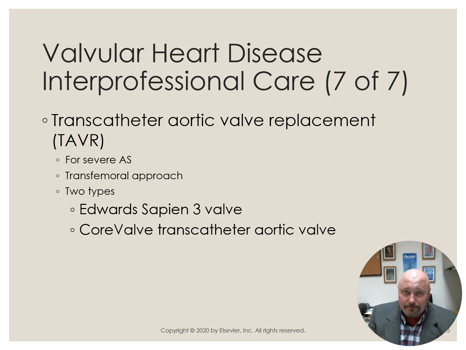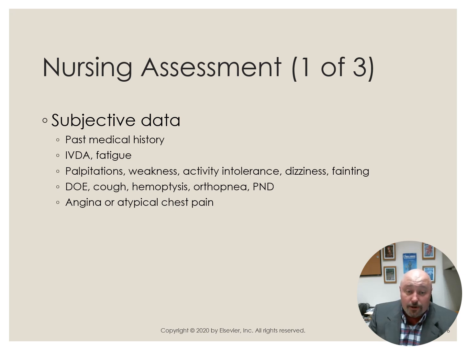Our subjective data will include a past medical history, IV drug use, fatigue, any reports of palpitations, weakness, activity intolerance, dizziness, or fainting. Also things like cough, hemoptysis, orthopnea, or even angina or atypical chest pain.